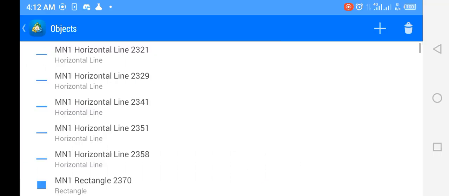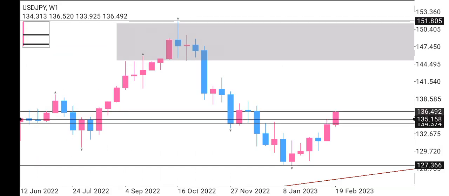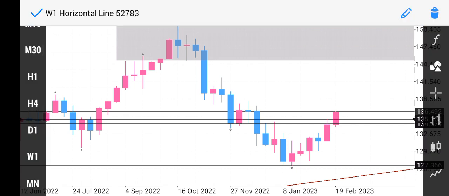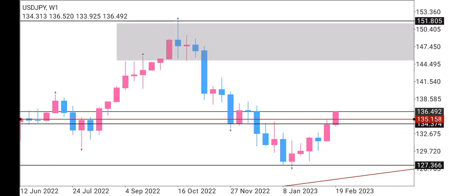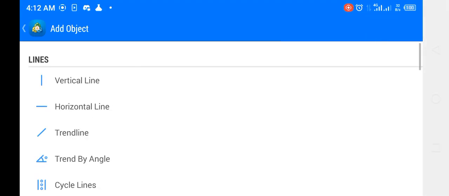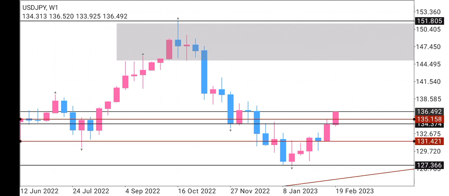Then I'll mark out my previous candle high. Okay, let me change the color. Then I'll mark out my previous candle low. This strategy looks simple, but it's very profitable.